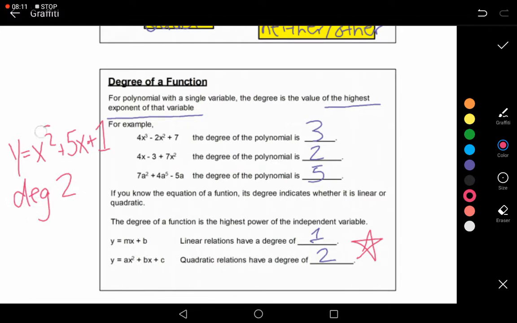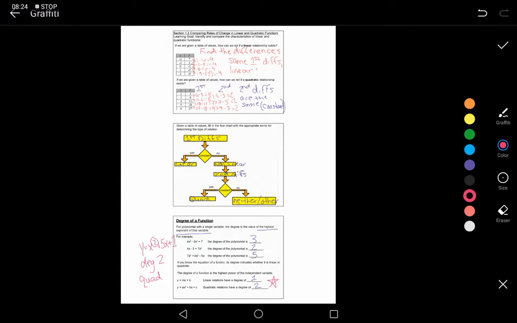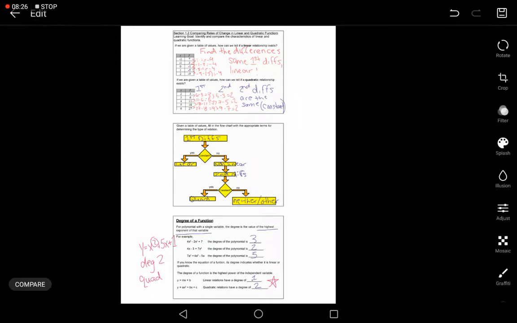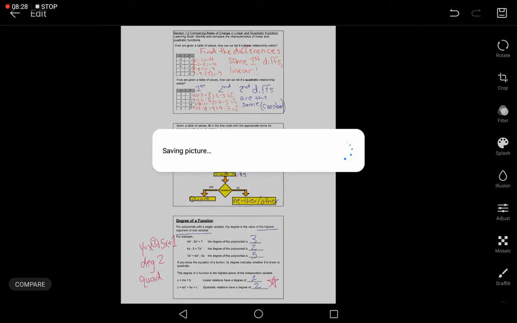Degree 2, because 2 is the highest exponent. So we would know then that that is a quadratic. Okay, just as an example of why you need to know this. So this note is a lot simpler than the last, and it's also a lot shorter.